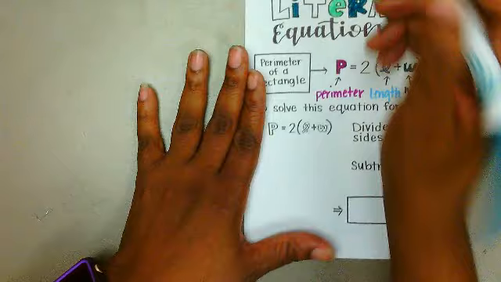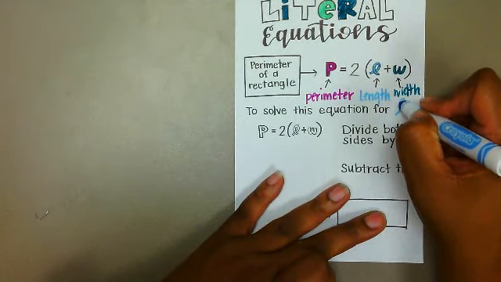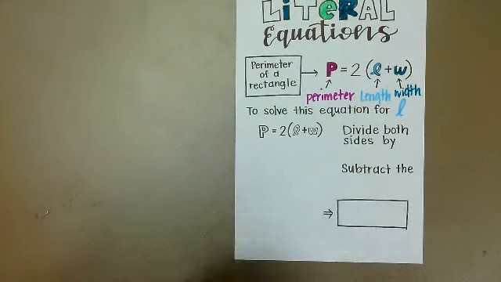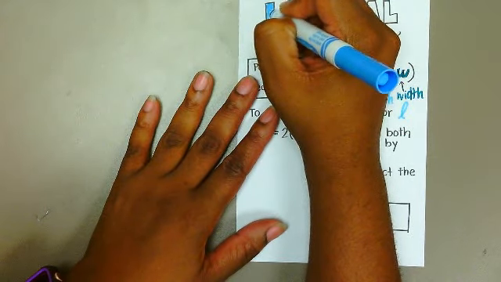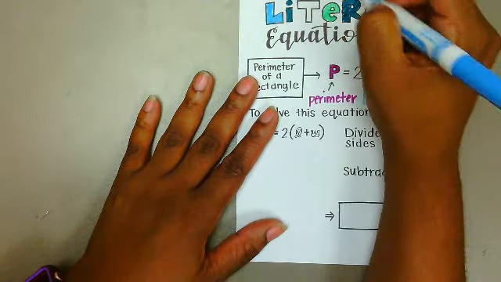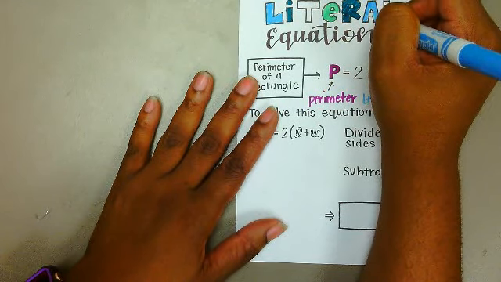So we're going to match colors. Since our length is blue, we are going to solve here for L. Since we are solving for L, we are going to make sure that we color code so that our problem down here at the bottom, we know what is what. So we're going to say L here.